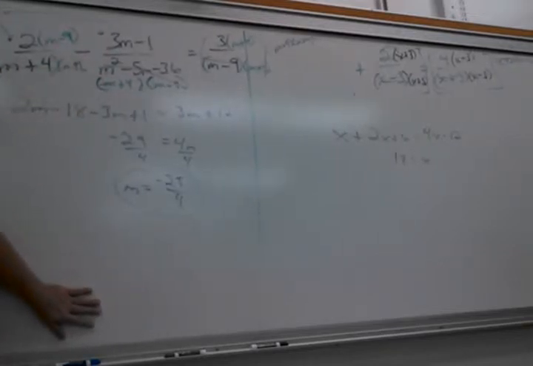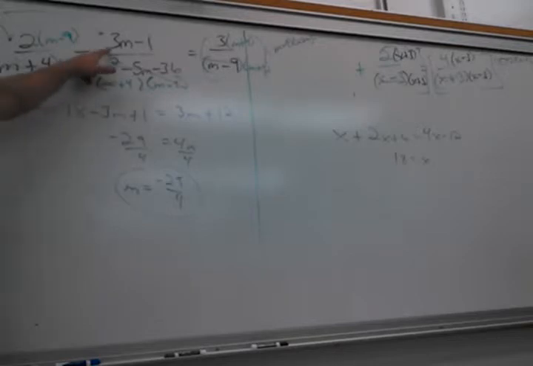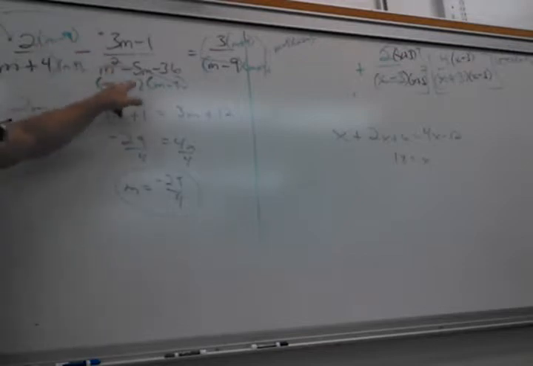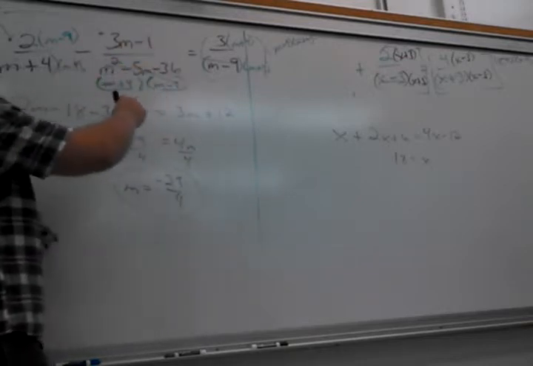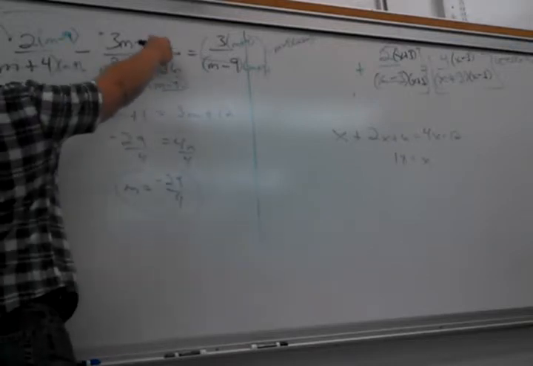The top of 3m minus 1, did that get multiplied by? It was the LCD. Oh, yeah. So he already had everything, right? So I didn't have to give him anything. He already had the m plus 4 and the m minus 9. So I didn't have to multiply him by anything.